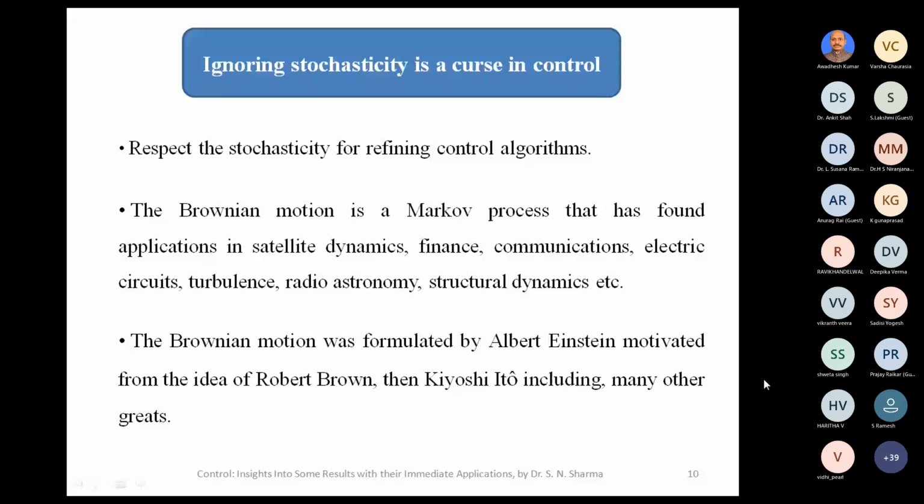You have studied Brownian motion in physics for the pollen particle. But now the Brownian motion process has found applications to model noise or random perturbations, such as helicopter rotor dynamics. Turbulence can be modeled using the Brownian motion process. Turbulence is a random process, and the Brownian motion process is also a random process.